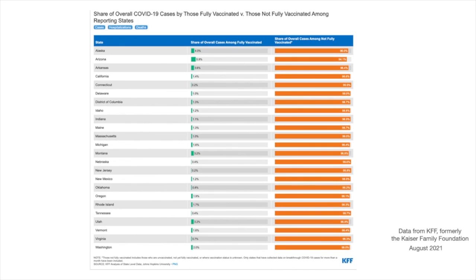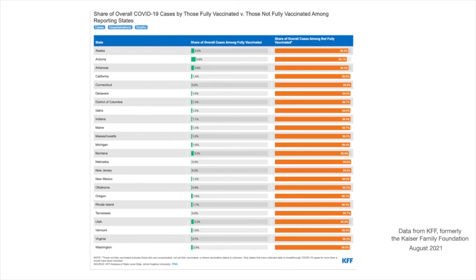And as if to emphasize that, I want to show you this graph of various states in the United States and who is getting disease now. If you look at the right-hand column with the orange bars, over 90% of people who are getting the disease are unvaccinated, and the green bars indicate those who are fully vaccinated and what percentage of disease they represent.